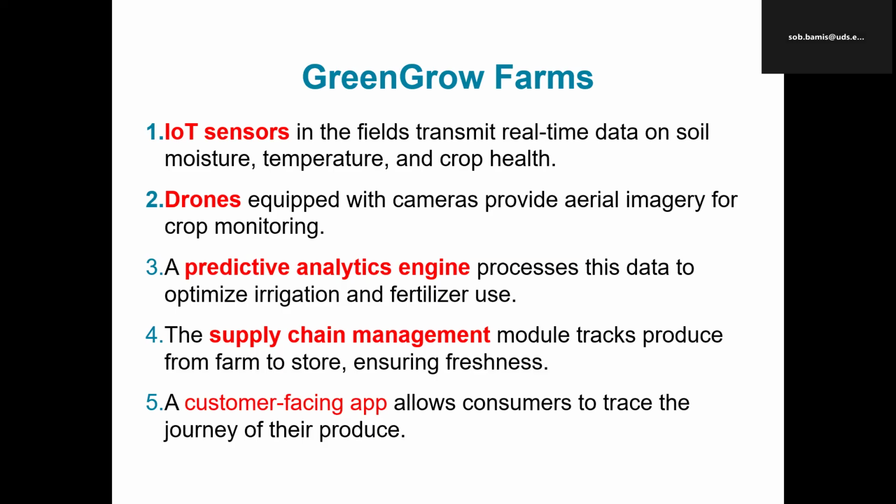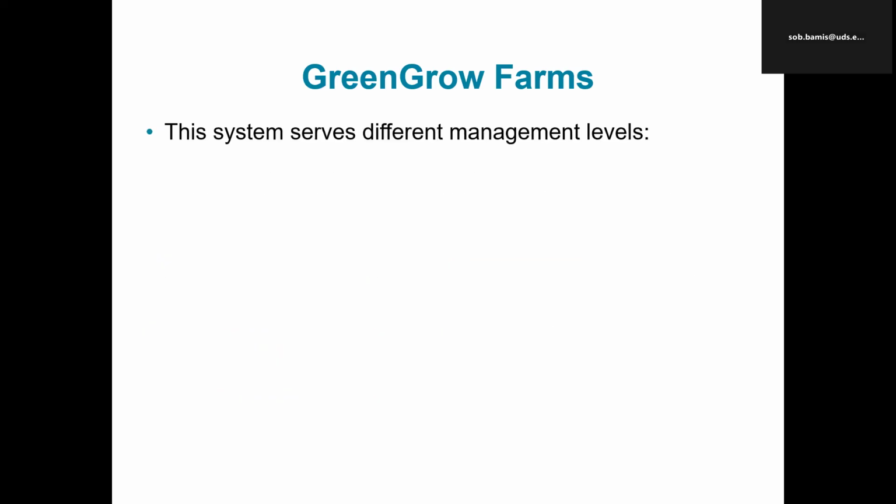Then we have an interface that is presented to her or her other managers, where she's able to see upcoming issues. The operational farmers are able to see the tasks that have been assigned to them in order.